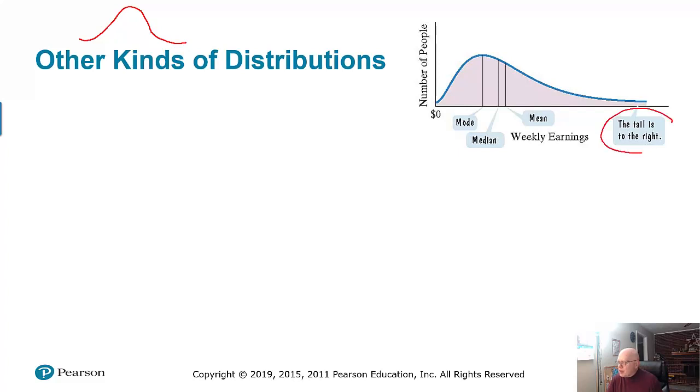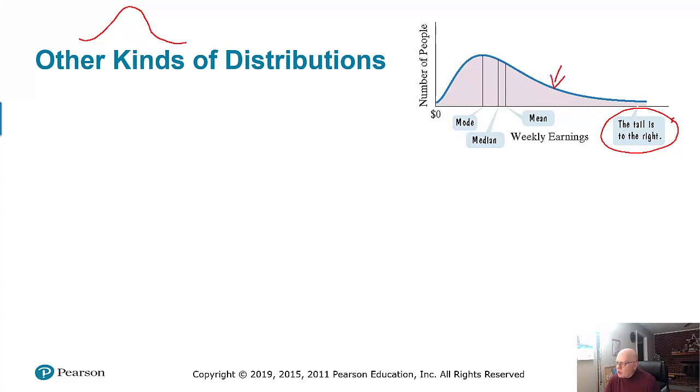In other words, the tail is to the right. Another way of saying that is it's skewed to the right. The direction of the tail tells you how it's skewed. Since it's skewed to the right, that also means that it's positively skewed. So you might want to write those things down.